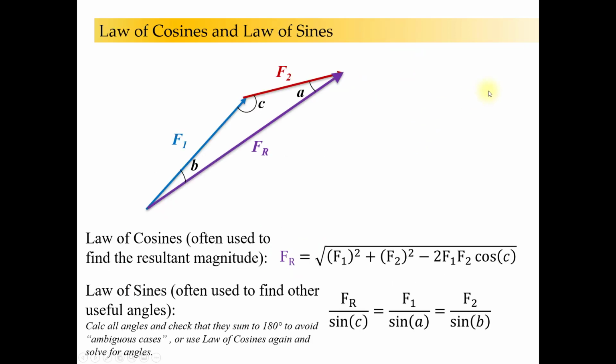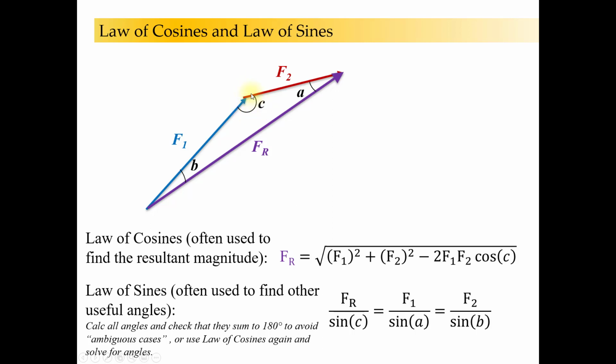All right, the law of cosines and the law of sines. These are the tools you use to solve for the resultant value if you have a vector addition problem like this. If you have f1 and f2, these are the vectors we had earlier, right? There's going to be an angle between them, which is this angle C. And that angle might seem obvious on this page.